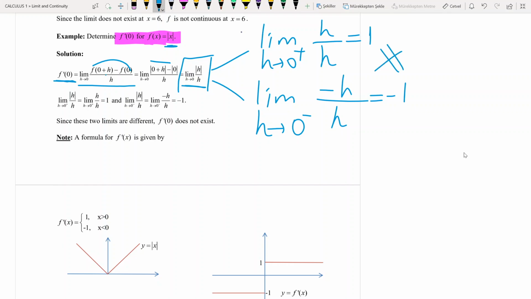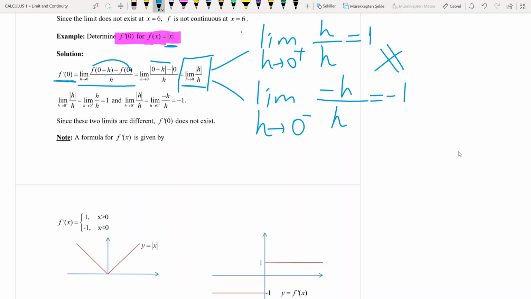As you see, these two limits are different, they are not equal to each other. This is why this function does not have a limit at the point 0. Since the limit does not exist, the function does not have a derivative at the point 0.